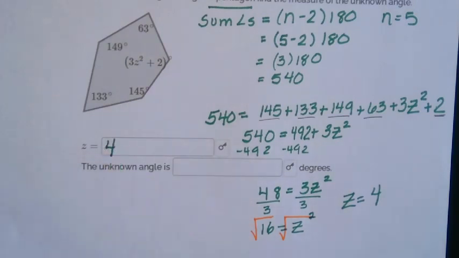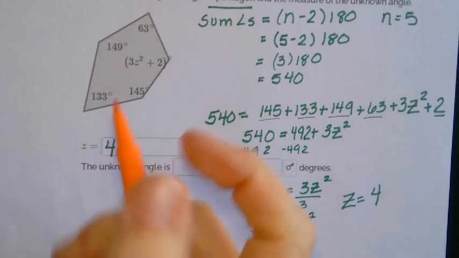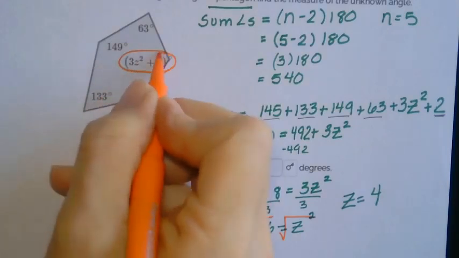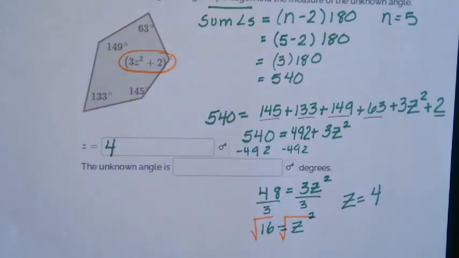So we've got the first part of the equation, or the solution, I mean. What do we need to do now to find what the unknown angle measurement is? So that means this angle here. What do we need to do to find out what that is? Yep, plug it in.